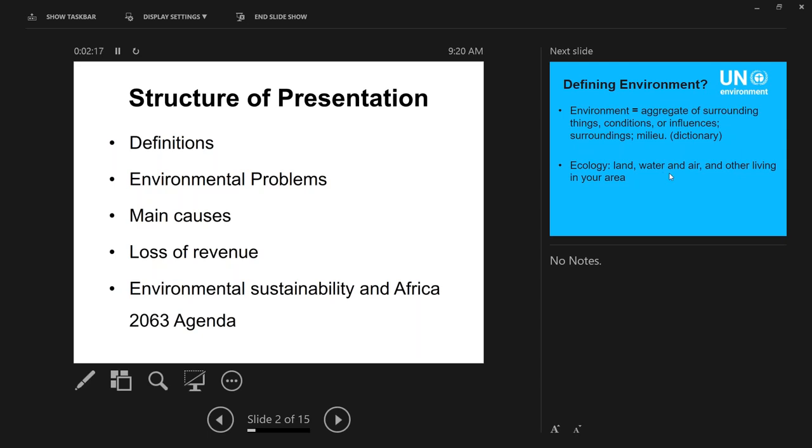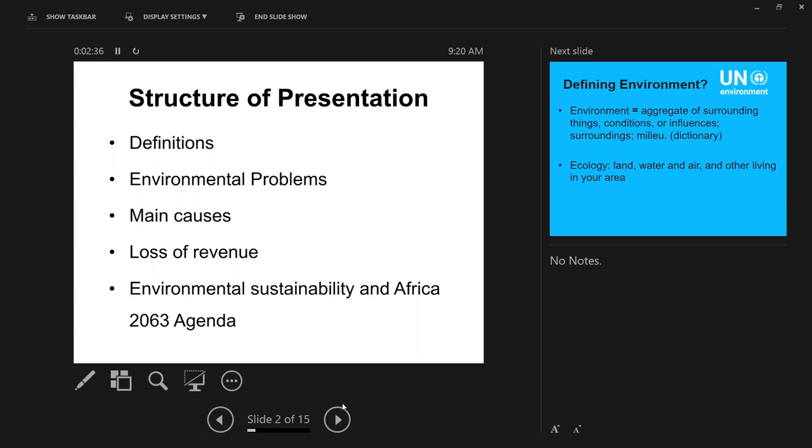It's also defined from an ecological point of view as land, water, and air, and other living things such as plants and animals in our area.